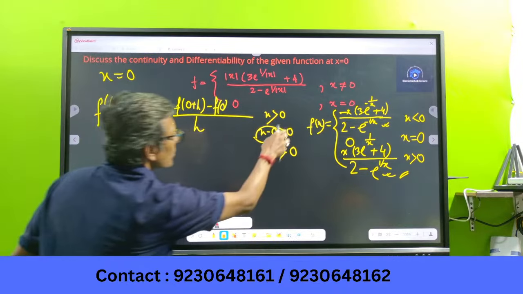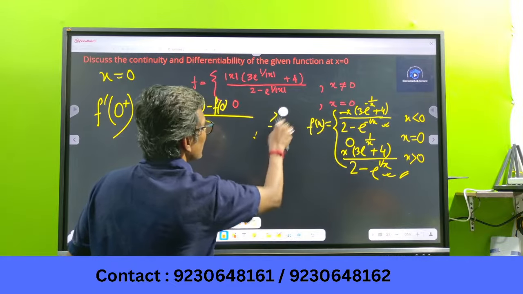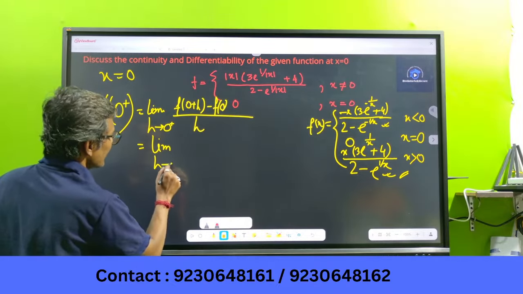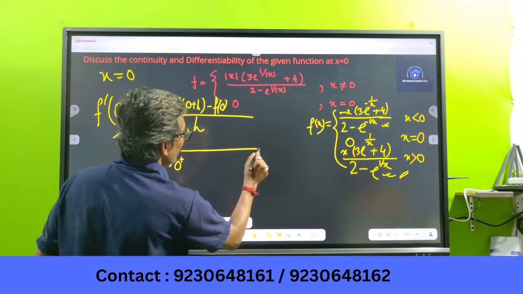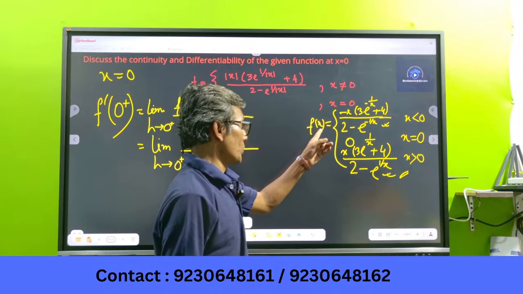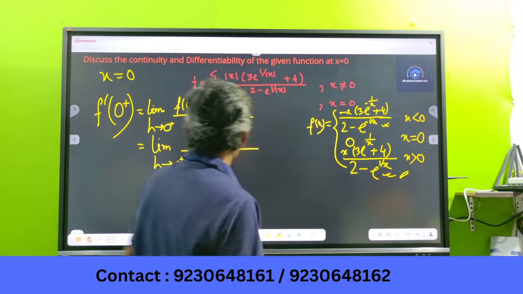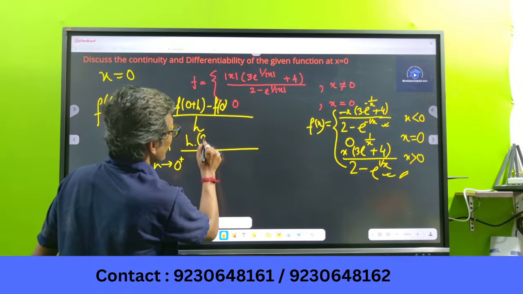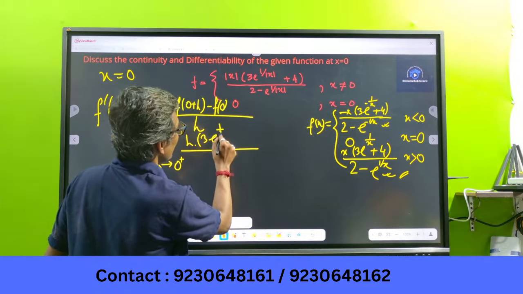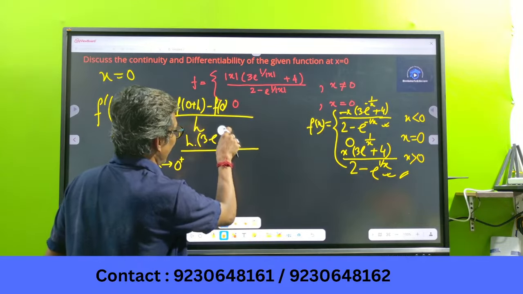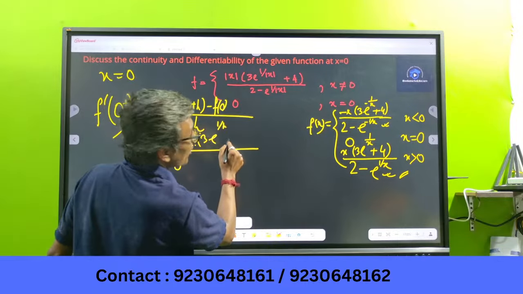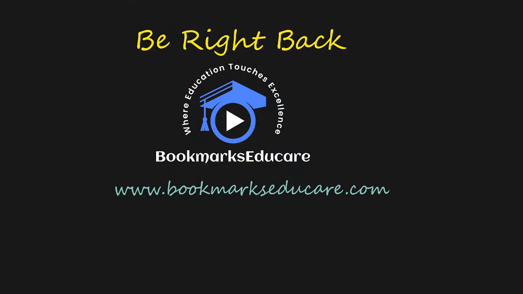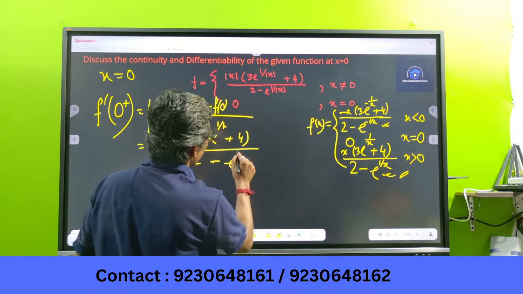So limit h tends to 0 plus f of h. So we have to put h instead of x. So h into 3 into e to the power 1 by h plus 4 over 2 into e to the power 1 by h.